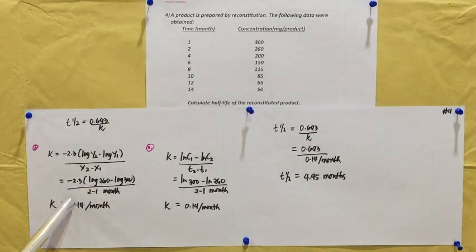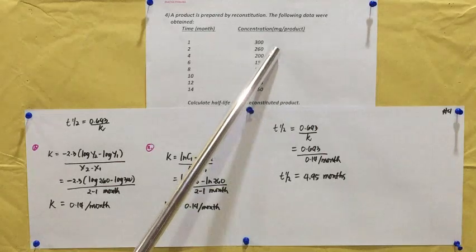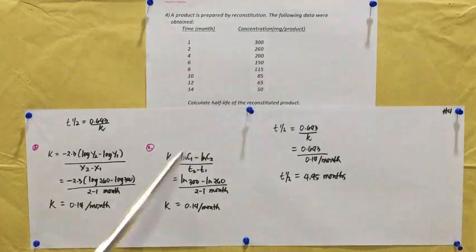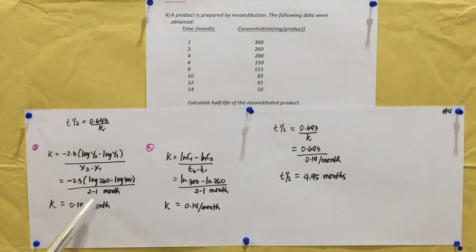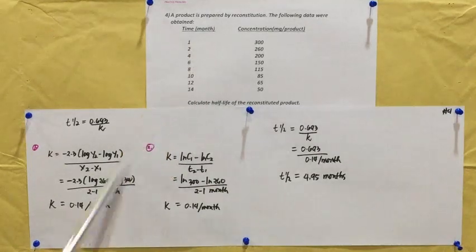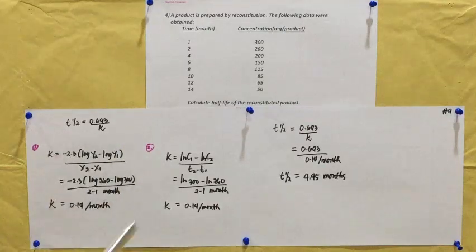So, let us substitute. Negative 2.3 times the log of y2, which is 260, minus the log of y1, which is 300, divided by x2, which is 2 months, minus 1, which is 1 month for x1. So, this one will give us the value of 0.14 per month.